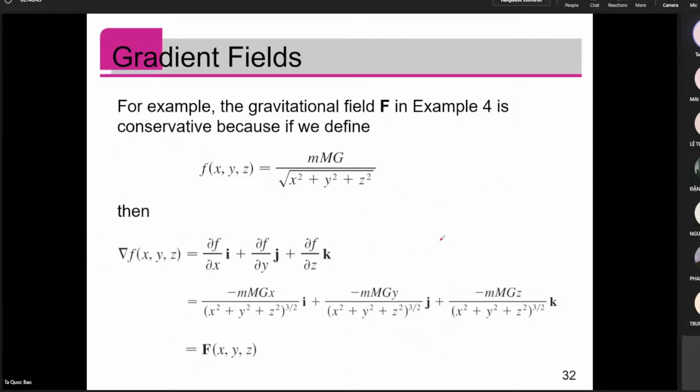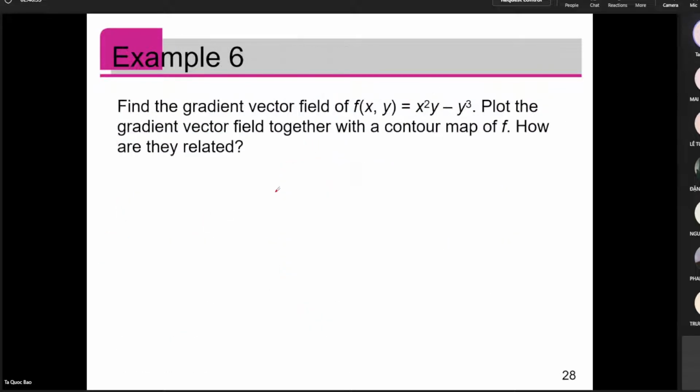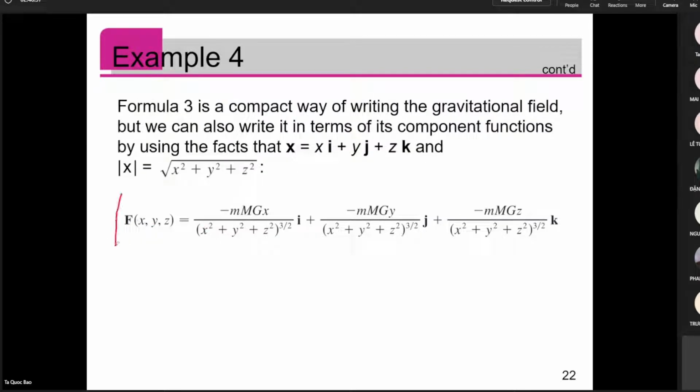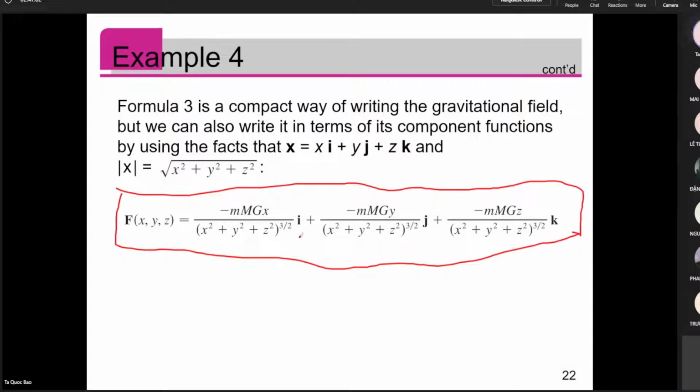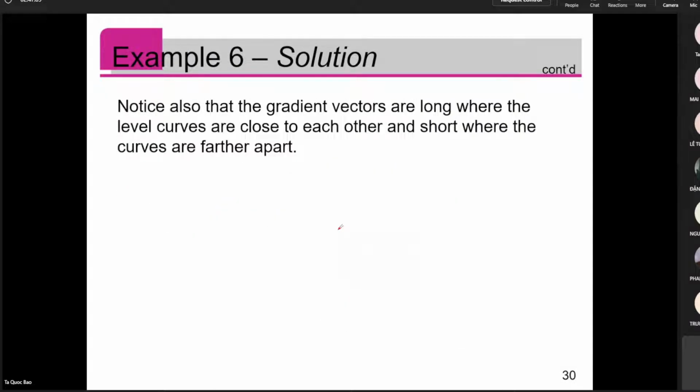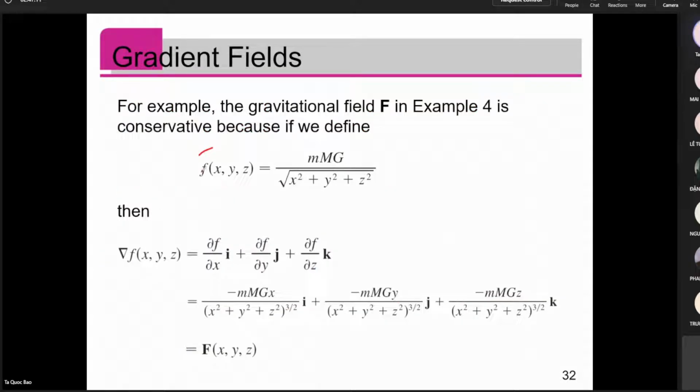Okay, so now for example, if we look back, we have a vector field F like this. Then we choose a function f, small f, like this.